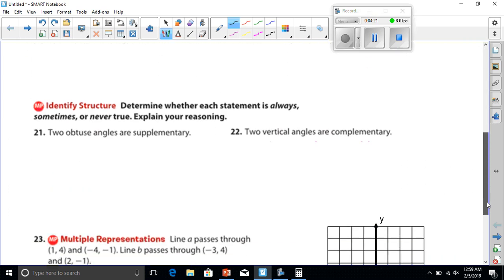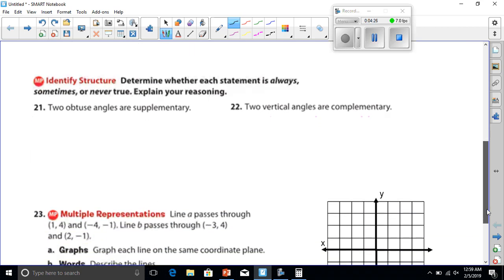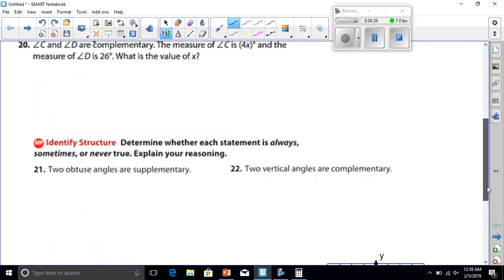All right, let's move on. We're going to go to number 21. Determine whether each statement is always, sometimes, or never true. Explain your reasoning. Two obtuse angles are supplementary. Well, let's remember here, obtuse angles are angles that are bigger than 90 degrees.